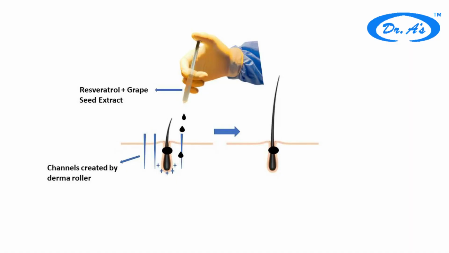Now when more TERT is present around the hair follicles, it signals the stem cells of the hair follicles. Now there are stem cells present in the hair follicles, that's why they become long and strong. So this TERT directly affects the stem cells of the hair follicles so that they start multiplying. Once the stem cell starts multiplying, that is what makes the hair grow into the growth phase or anagen.